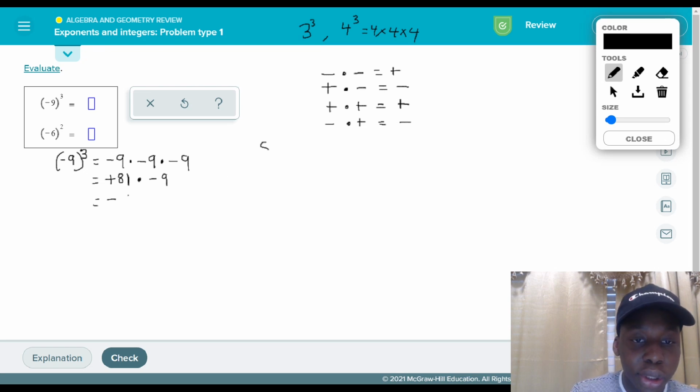Now 81 times 9. I want to use this format when I'm working with big numbers in terms of multiplication. I start from the bottom number and use it to multiply whatever's at the top. Starting from the right, the first number at the top is 1, and 9 times 1 gives us 9.